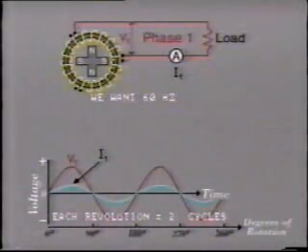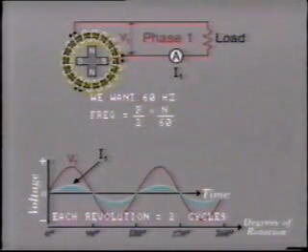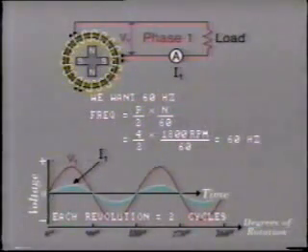This can easily be calculated from the standard expression that says frequency equals P, that is the number of poles, over 2 times N, that is revolutions per minute, over 60. In this case, 4 over 2 times N over 60 equals 60 hertz.